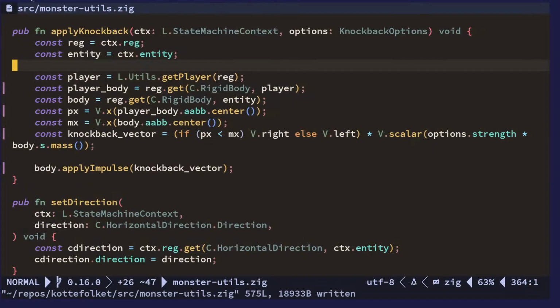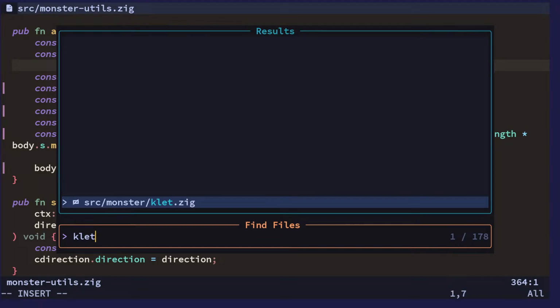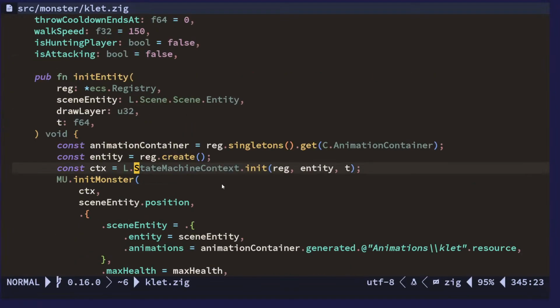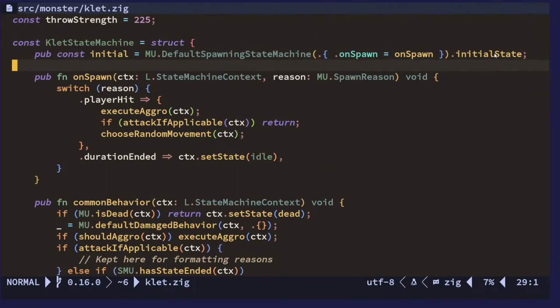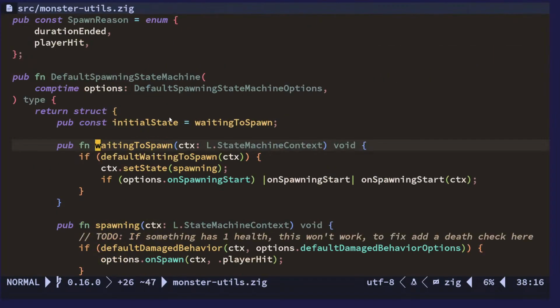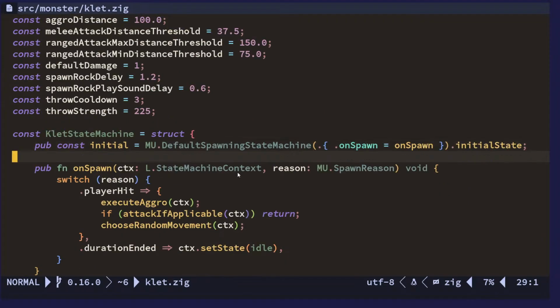Okay, you know what? We could just change their behavior as well. Let's go to Kleet, and we'll make it so that they always jump. So initial is... Oh yeah, this is the spawn thing, right?